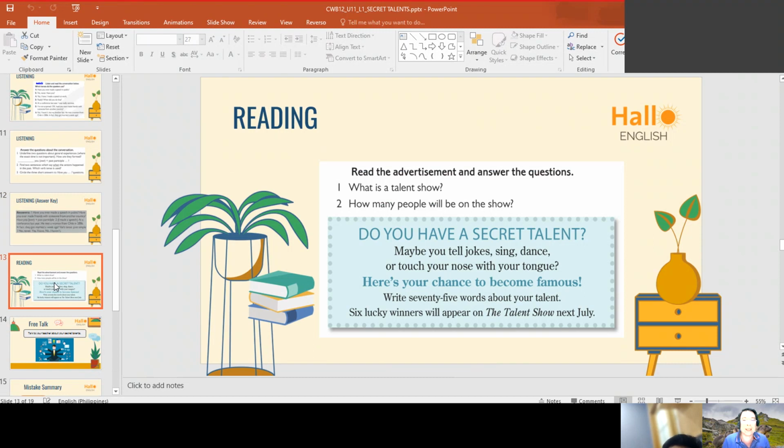Read the advertisement and answer the question. So the advertisement would be like this. Can you read this one? Do you have a secret talent? Maybe you tell jokes, sing, dance, or touch your nose with your tongue.